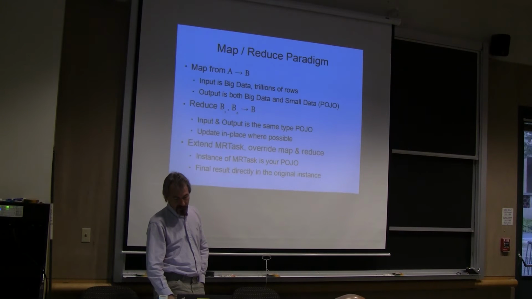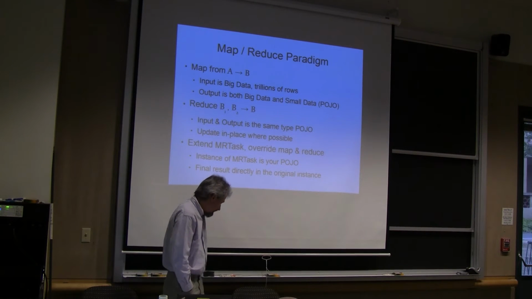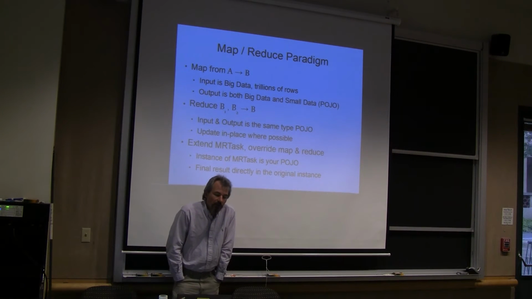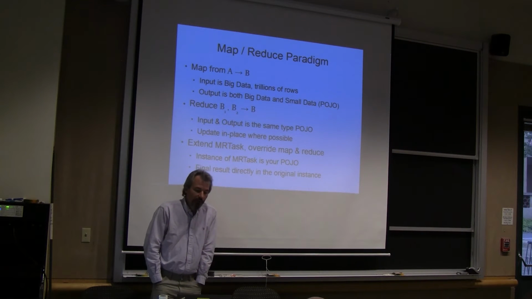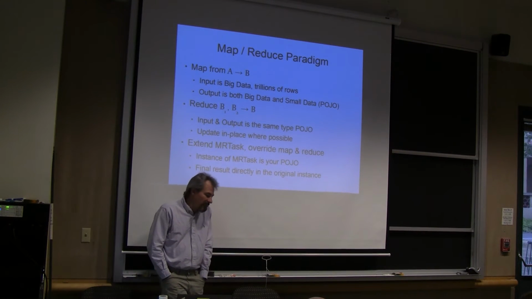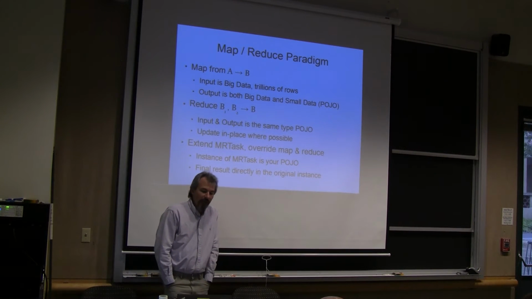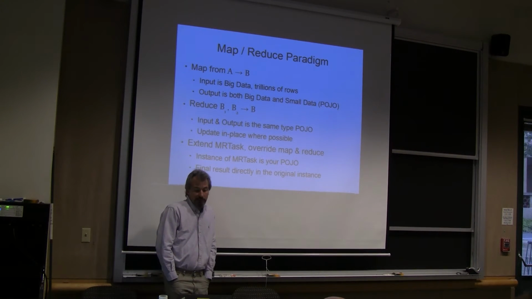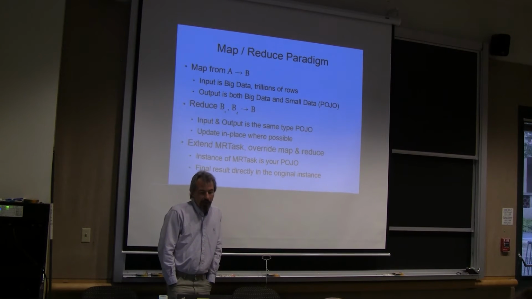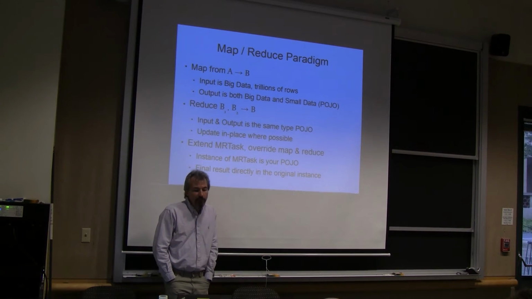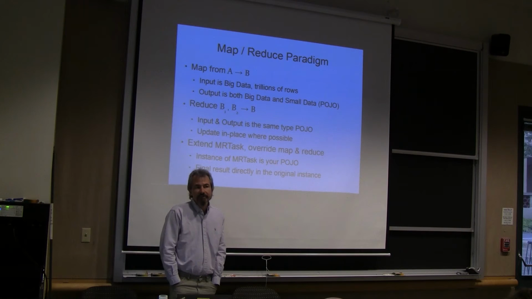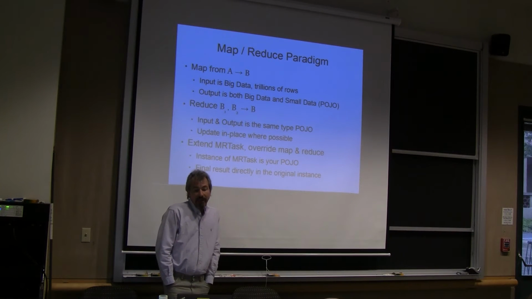Okay. So we'll take a look at the coding style here. So it's a MapReduce paradigm for all the work. And the map is a classical map from type A to type B. So the A type is your big data, billions and trillions of rows. The B type will be both a big piece and a small piece. The big piece has to be distributed.